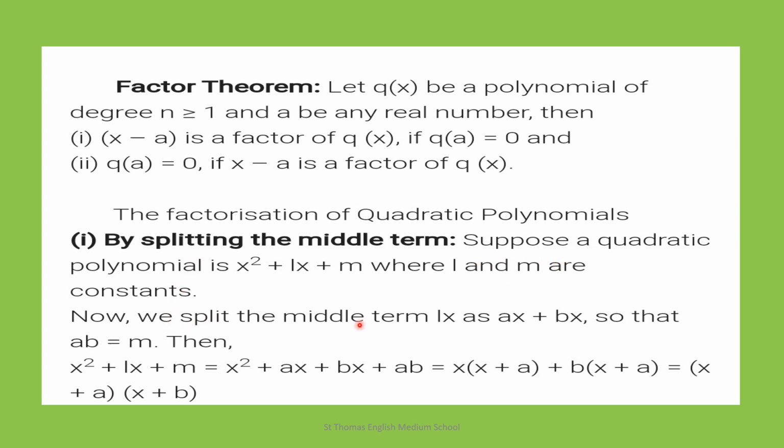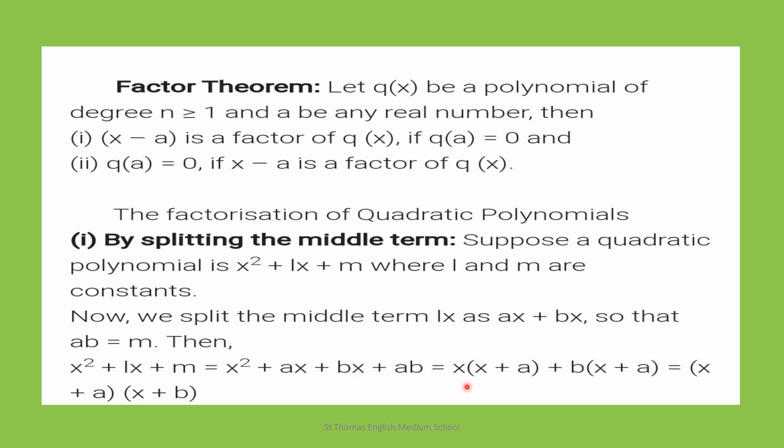Now we split the middle term lx as ax plus bx so that ab equal to m. Then you will have x square plus lx plus m equal to x square plus ax plus bx plus ab.